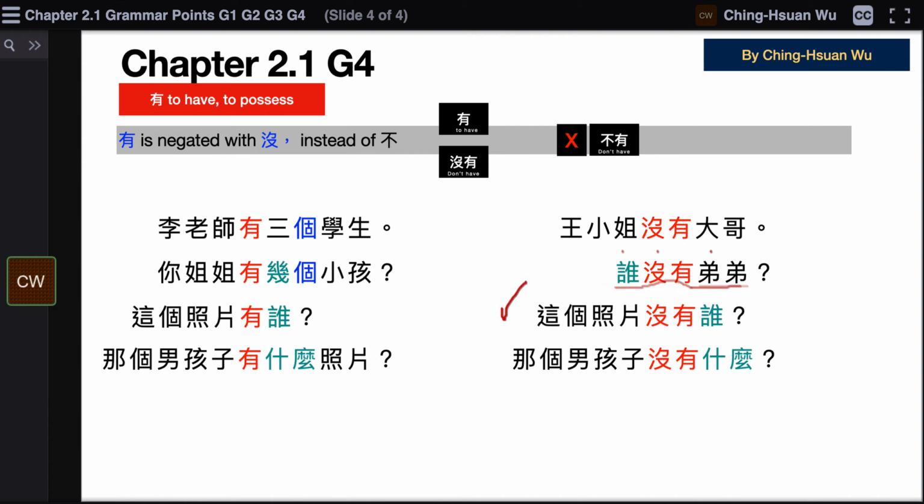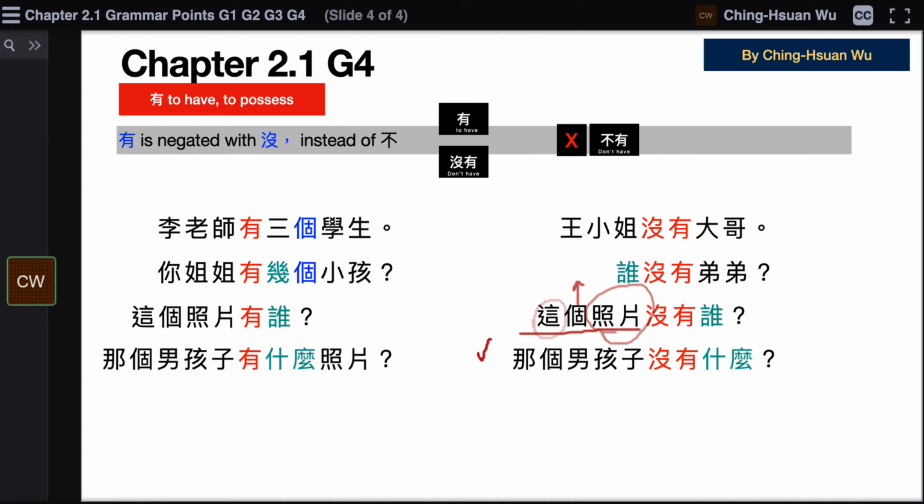Next, 这个照片没有谁. This photo doesn't have who. It means who is not in this photo. Again, 这 is a demonstrative pronoun. 照片 is a noun. And then you need a measure word 个 to connect them. 这个照片 this photo.